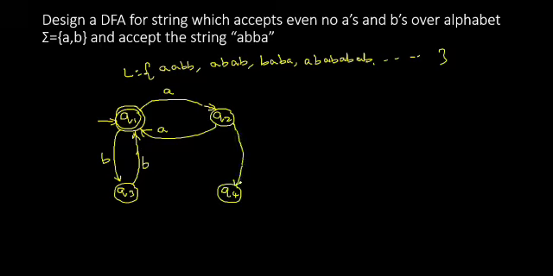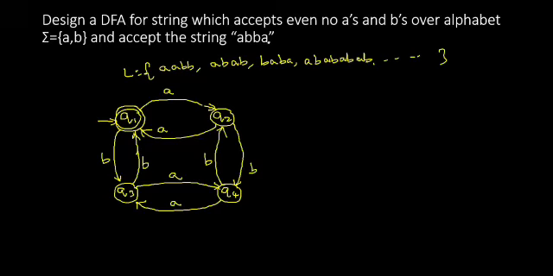I give B here, and come back for this B. Now if I give AB and then A again, there is no path. So in Q4, when I give A it goes here, and when I give A again it comes here. We can closely observe that this diagram can accept an even number of A's and an even number of B's.